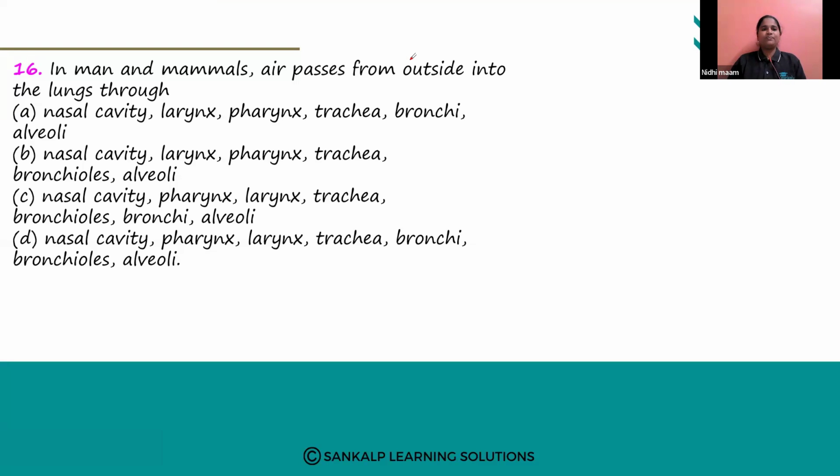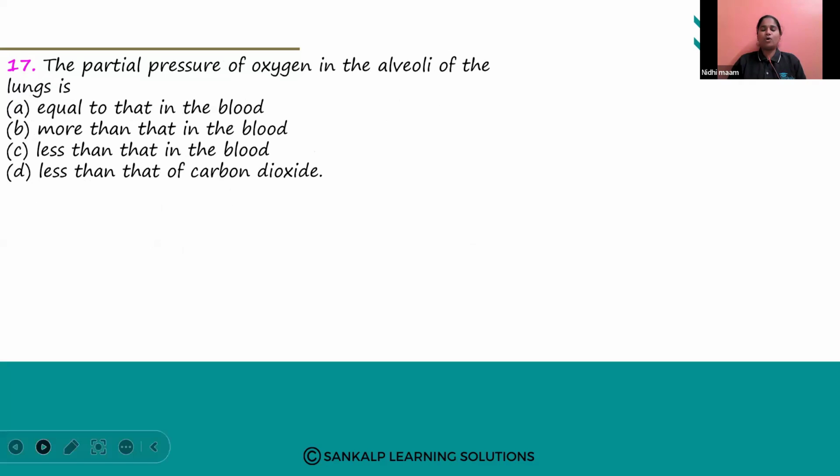Next question, the partial pressure of oxygen in the alveoli of the lungs is equal to that in blood, is more than that in blood, is less than that in blood, less than that of carbon dioxide. Okay, the partial pressure of oxygen in the alveoli of a lung.